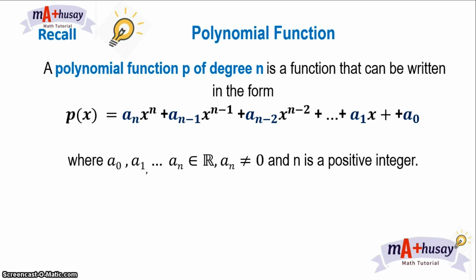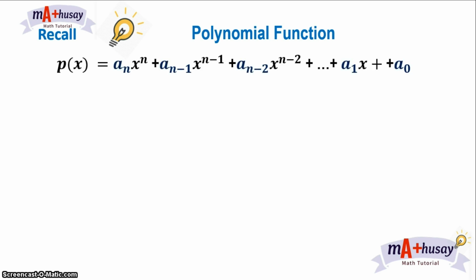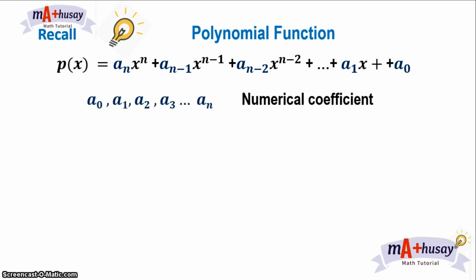Sa polynomial function na p of x, ang a sub 0, a sub 1, a sub 2, a sub 3, up to a sub n ay tinatawag nating numerical coefficient. Ang a sub n naman, o yung numerical coefficient ng term na may mas mataas na exponent ay tinatawag nating leading coefficient.